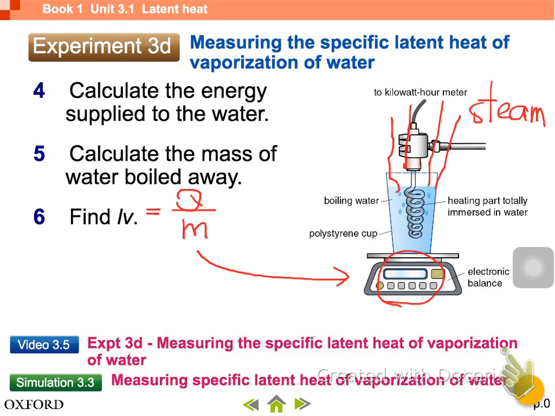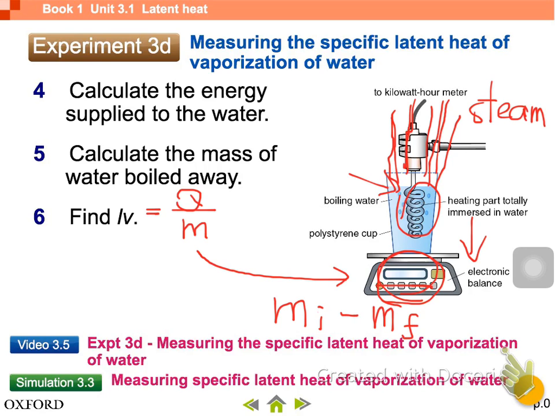When the water starts to boil, the value will be a certain amount, for example, we name it as Mi. When we continue to use the heater to boil the water, more and more water changes into steam, and then the reading of the electronic balance decreases, and that is MF.